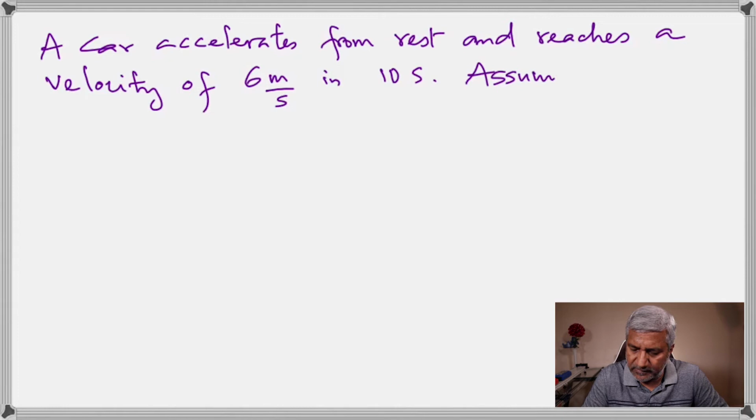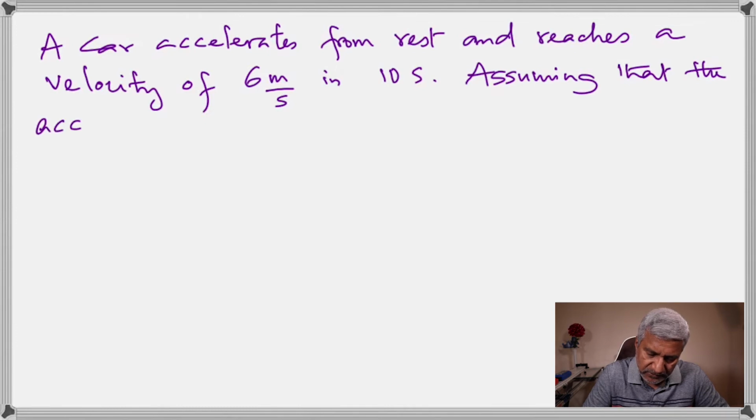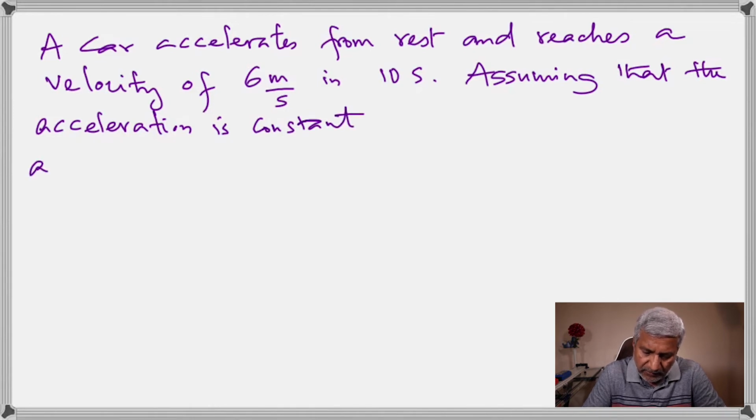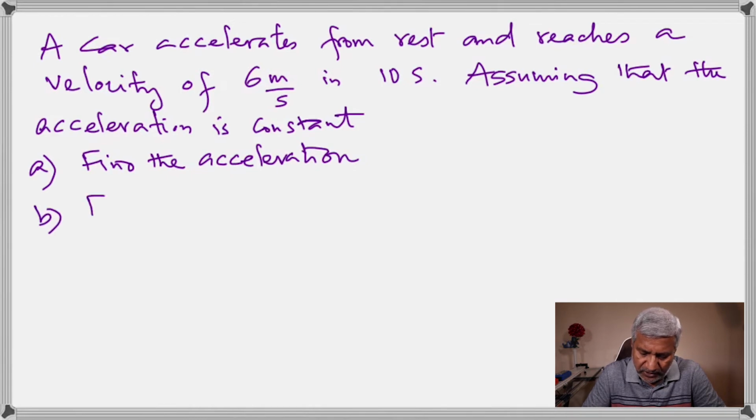Assuming that the acceleration is constant, which means we are stepping on the gas consistently, you're not hitting it hard. Assuming that the acceleration is constant, A, find the acceleration. B, find the displacement.